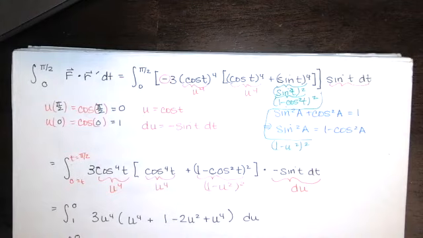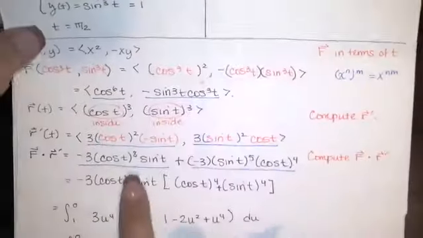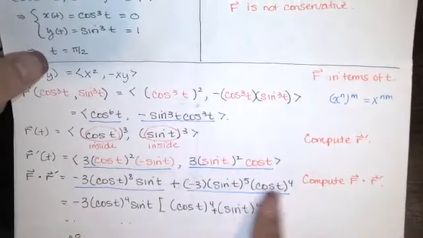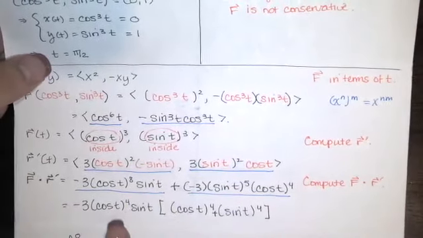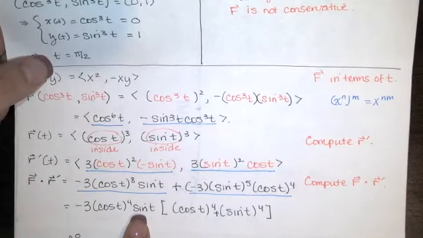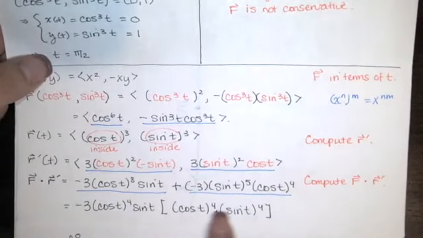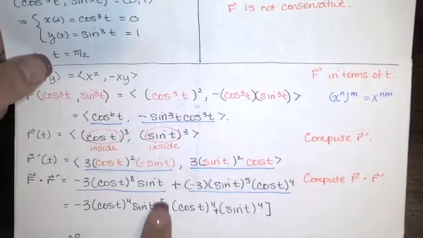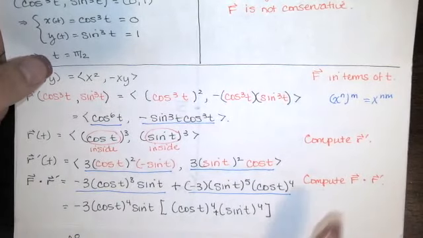We did have to refresh the trig integrals techniques and remember what that is. Basically, that was what I did right here. When I looked at this and I factored out what these two had in common and I saw the sine of t, I said, okay, I can do a u sub here where u equals cosine because I've got a sine of t for my du.